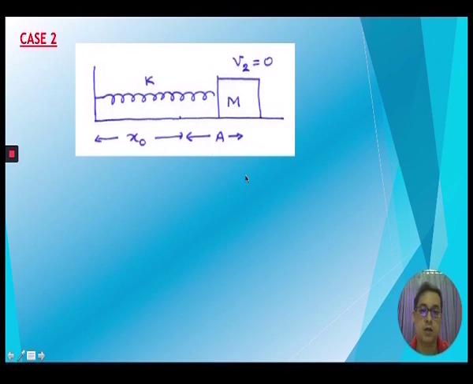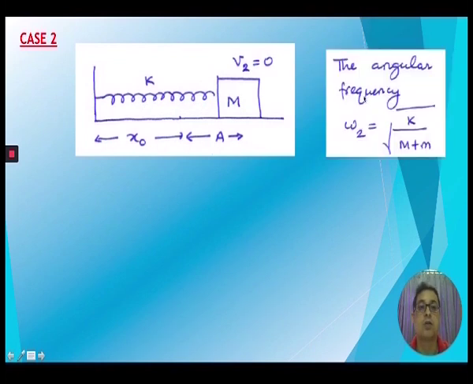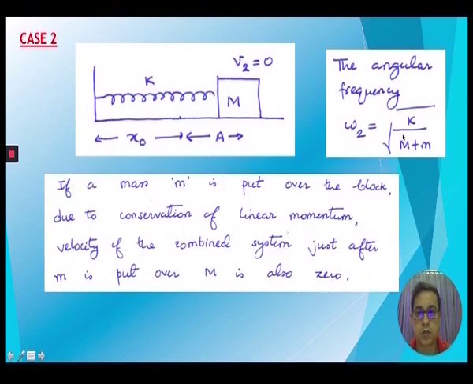Immediately one thing you can see is the angular frequency. I just forgot to tell you that here you are going to put the small mass m. I forgot to draw it there. Your angular frequency would be root over k by capital M plus small m. I have actually written it here; I should have put a mass there.